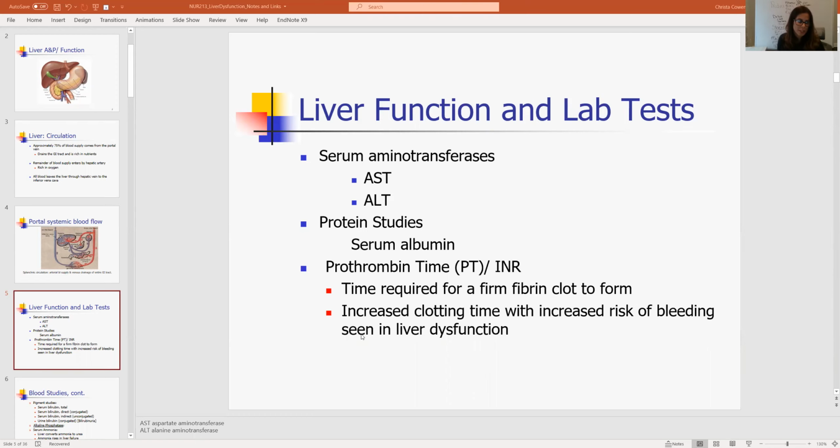So what these indicate are acute liver injury. So the AST and the ALT are liver enzymes, and just like cardiac enzymes, you see cardiac enzymes increase when there is acute cardiac inflammation. When there is acute liver inflammation, similarly, you will see an increase in your liver enzymes.